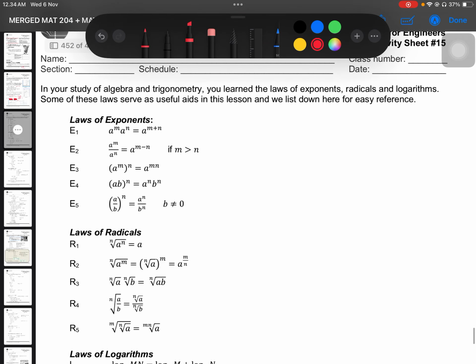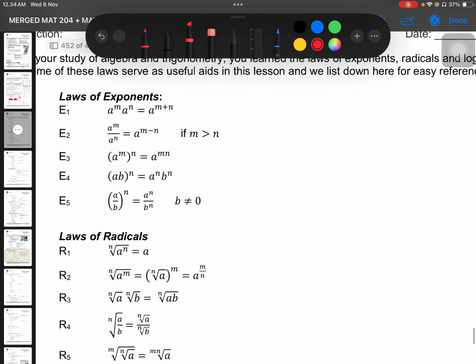Okay? So, here are the laws of exponents. Actually, nagagamit na natin yan. Diba? So, if you are applying this one, multiplying a same base but different exponents, ang gagawin natin ay plus yung exponent. And then, if you are dividing a same base but with different exponent, you minus. Okay?